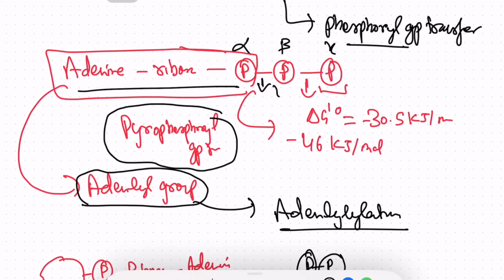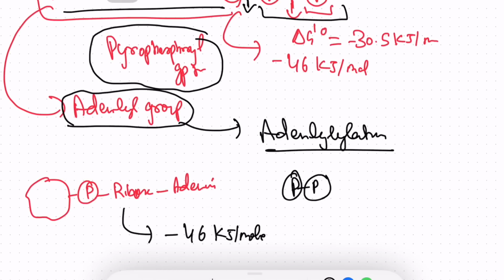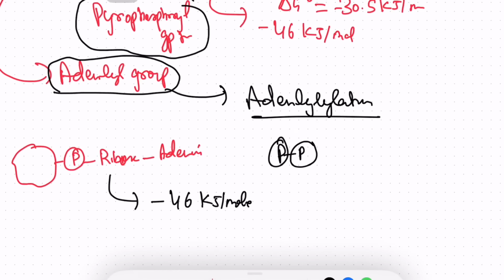But still you are going to have this one. This is pyrophosphate, and it will be hydrolyzed by an enzyme known as inorganic pyrophosphatase.